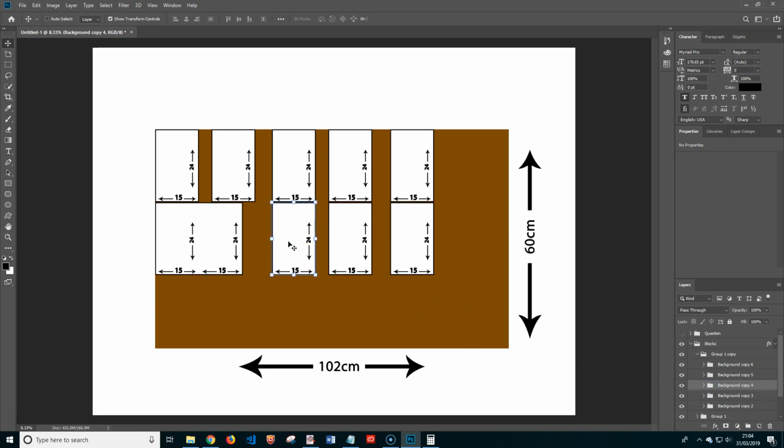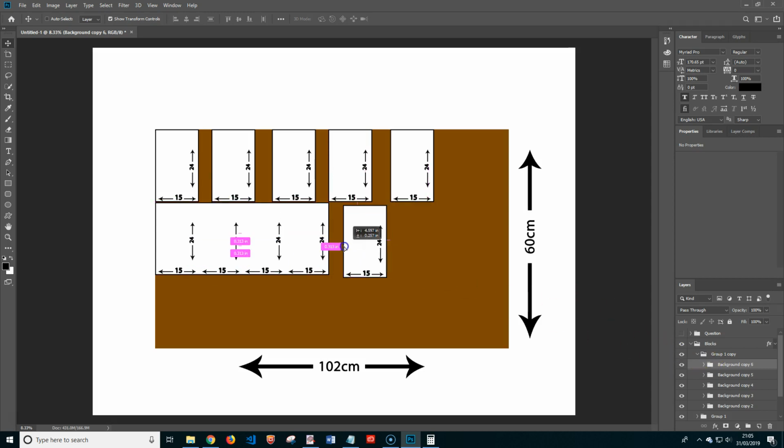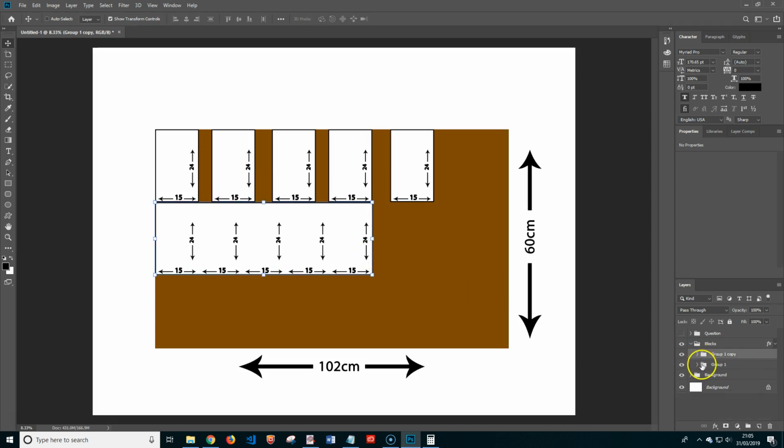And then we have this one. And we move them all over beside each other. And then we have the third one. And then we have the fourth and fifth. So I'm going to speed this up a little bit.